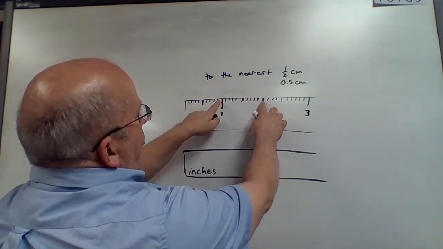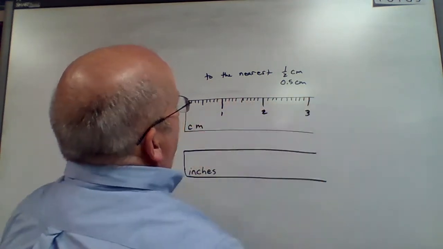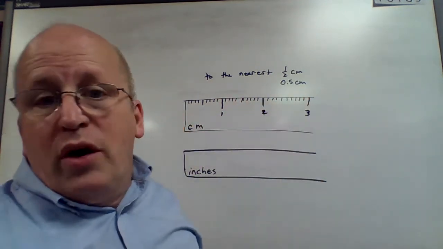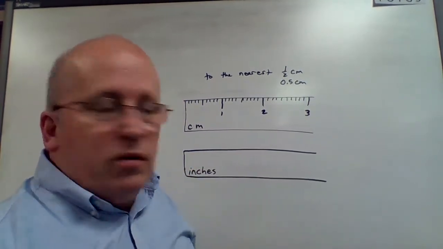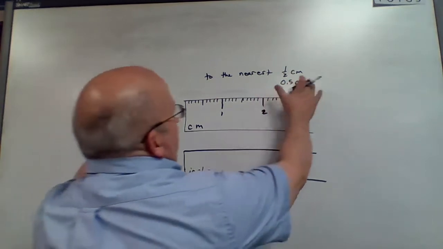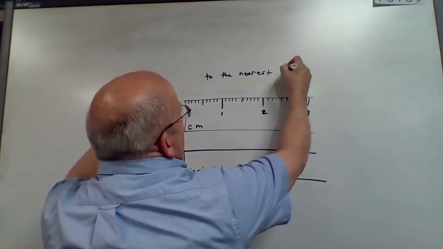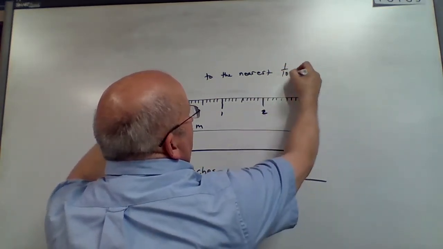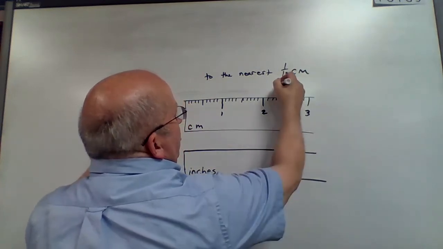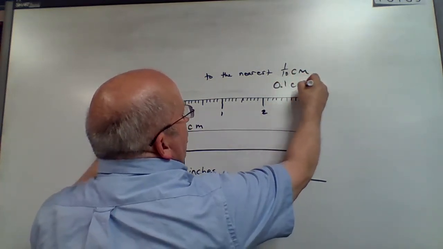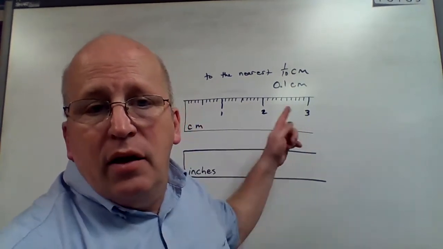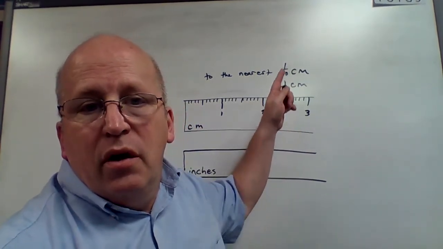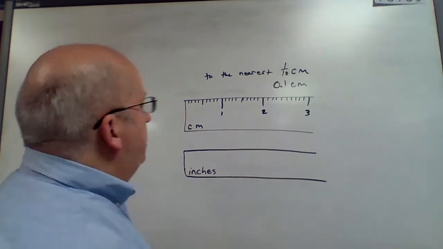And between here, there's 10 sections. And between here, there's 10 sections. Be careful. Don't count the tick marks. Count the sections between the tick marks. So how precise is my ruler now? Well, it's precise to the nearest 1/10 of a centimeter. Or it's precise to the nearest 0.1 centimeters, which is the same thing as 1/10. They're the same numbers. Okay?